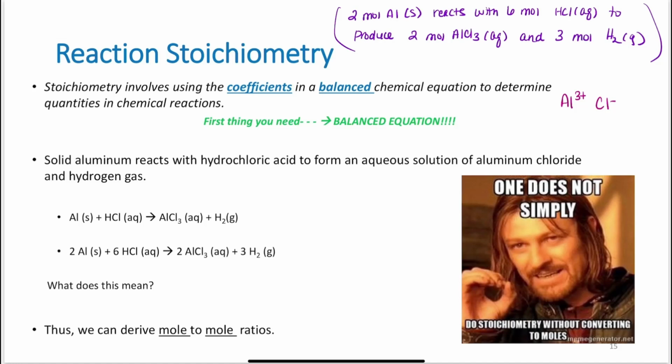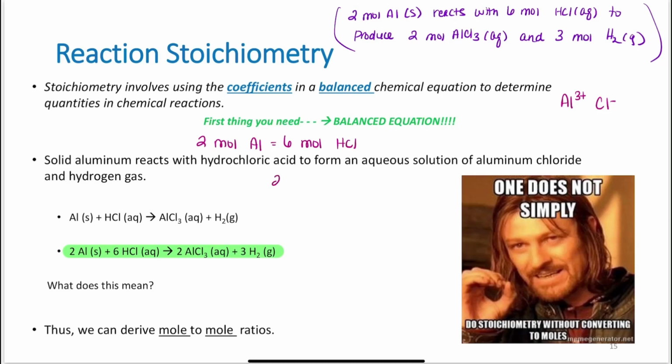But we can also derive mole to mole ratios that we're going to use in our stoichiometry. So looking at the balanced equation here, this equation tells me that 2 moles of aluminum reacts with 6 moles of HCl.